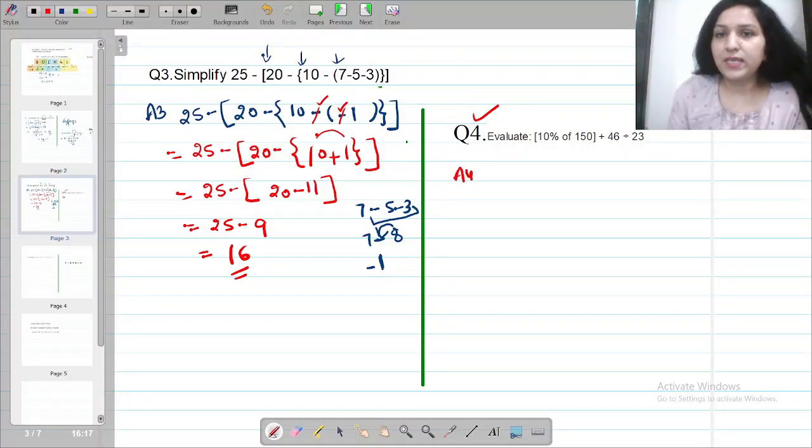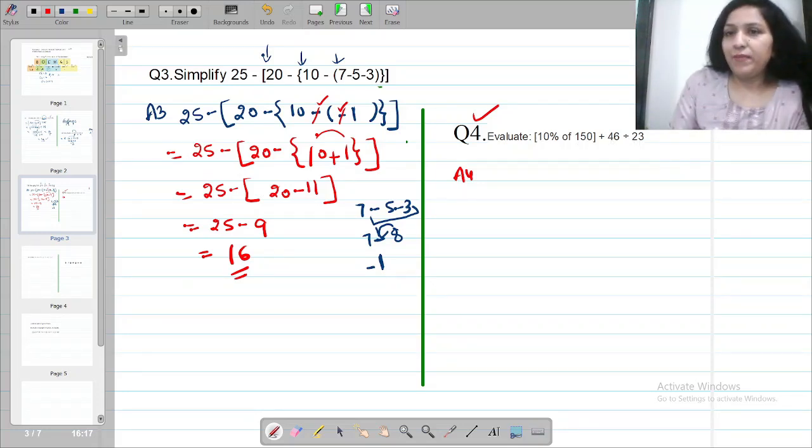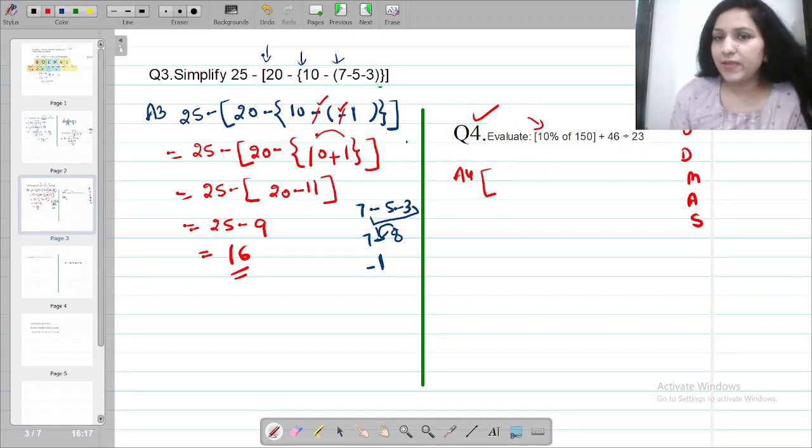Question number 4 says you need to evaluate 10% of 150 plus 46 divided by 23. Again, please do not forget BODMAS. First of all, bracket has to be solved. That's my bracket. ठीक है? Bracket के अंदर, let me just read the bracket. 10%. Percent means per 100.